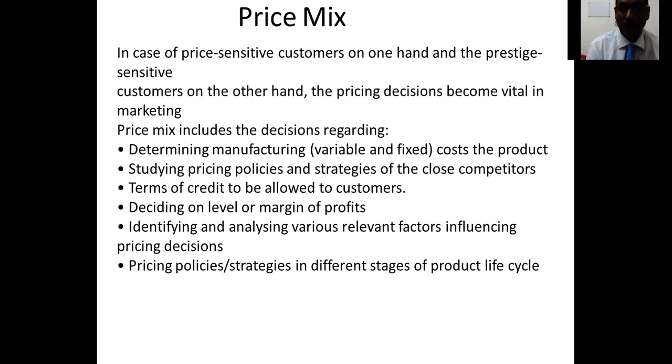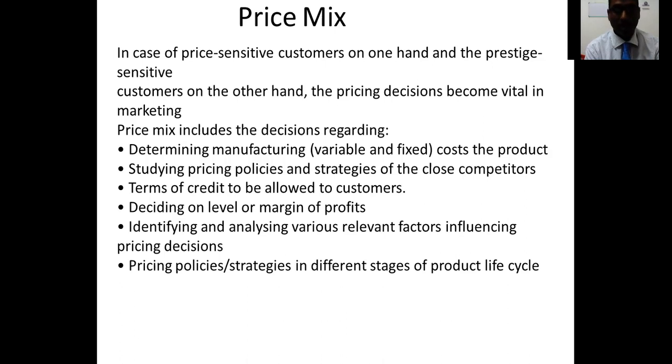The terms of credit to be allowed to the customers. Certain products are given on credit or hire purchase, like electrical items such as HD TVs, refrigerators, and sometimes even automobiles like cars and motorbikes. Then deciding on the level or margin of profit: how much percentage of profit we plan to have for our product.